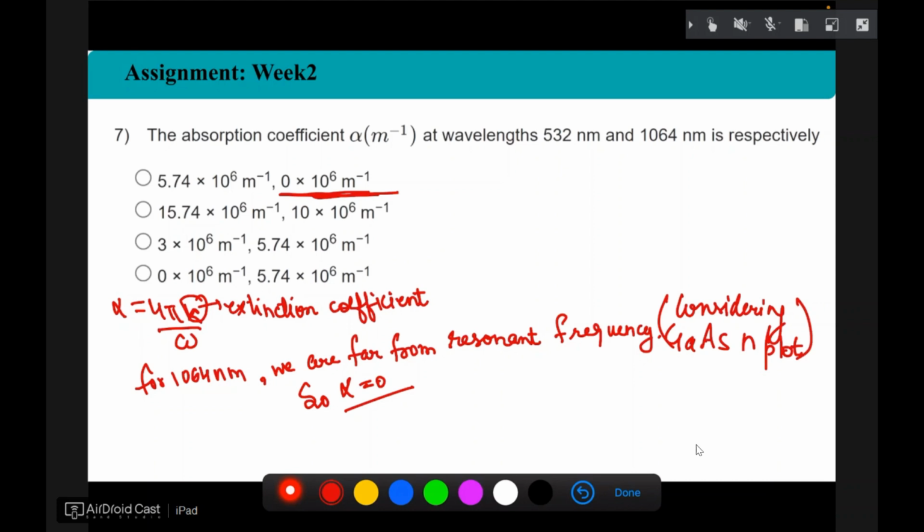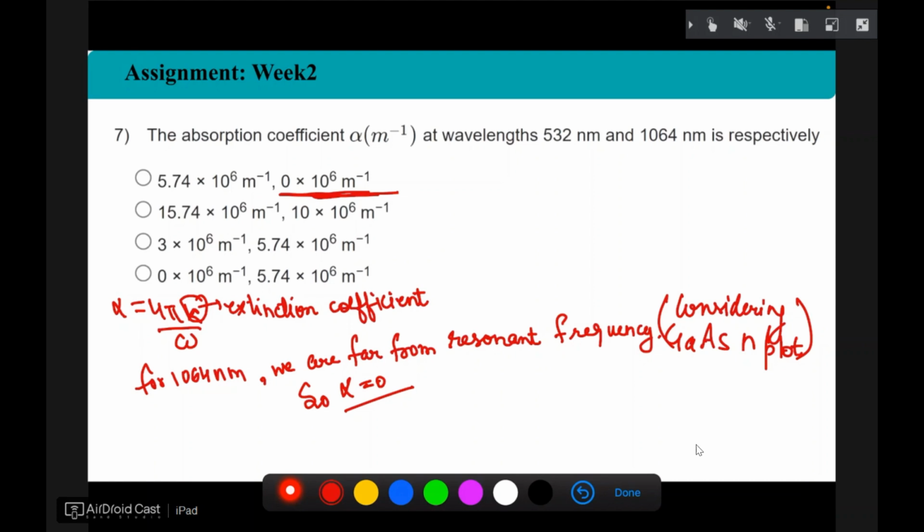By considering the gallium arsenide plot, the resonance is not around 1064 nanometers, so alpha is equal to 0 for that. And for 532 nanometers, there will be some positive value, which will have the dimensions of meter inverse. If we consider the second plot, that is the SiO2 plot, then both 532 nanometers and 1064 nanometers are away from resonance, so both should be 0, but there is no such option.